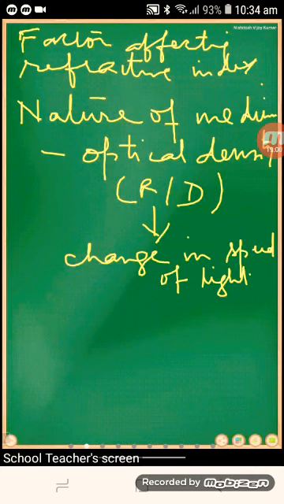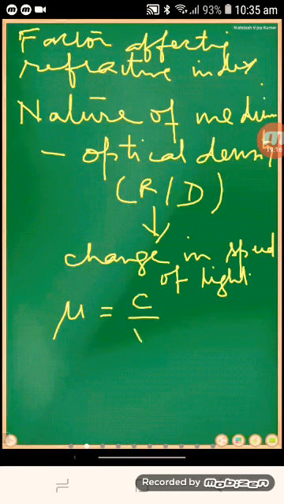Now how is the speed of light related to the refractive index? Keep in mind, the speed of light in air or vacuum is constant. We have just studied that mu is equal to c by v.